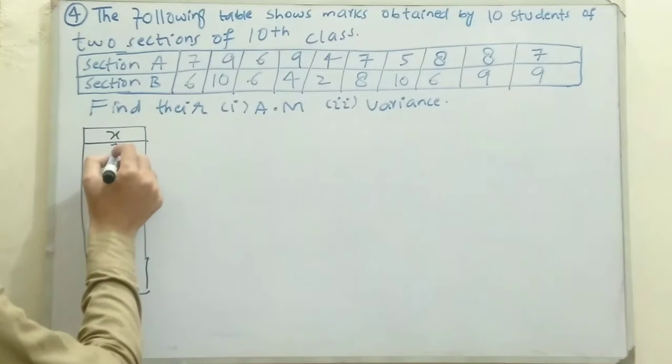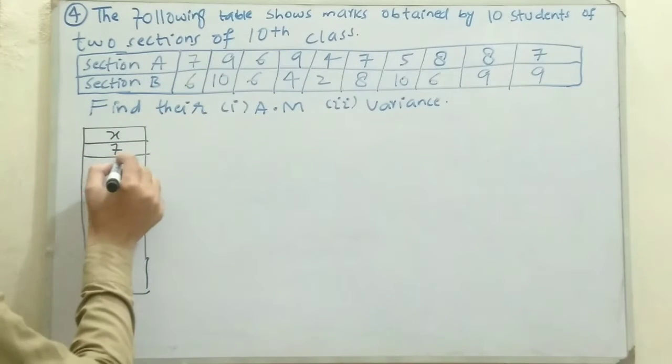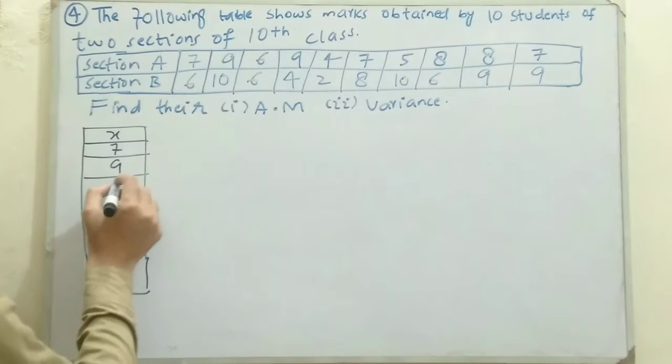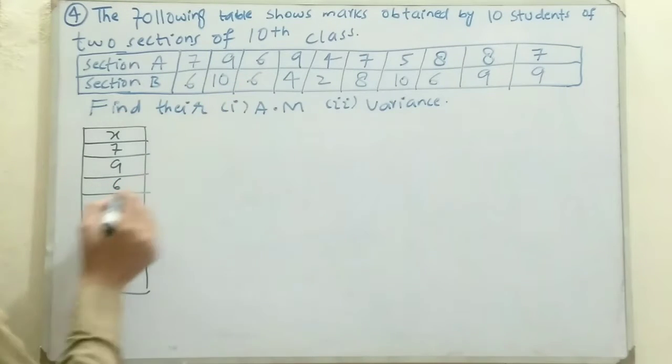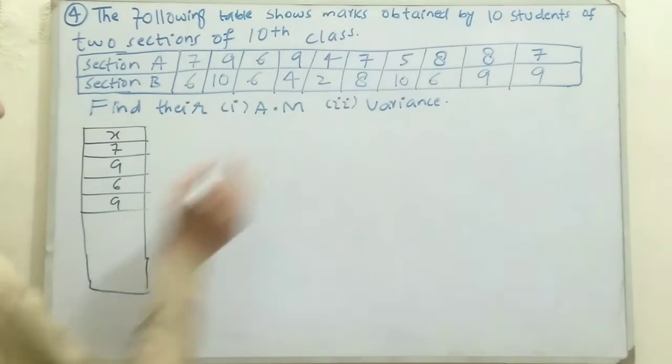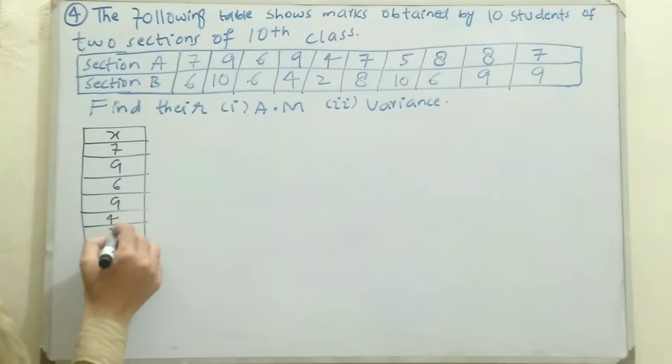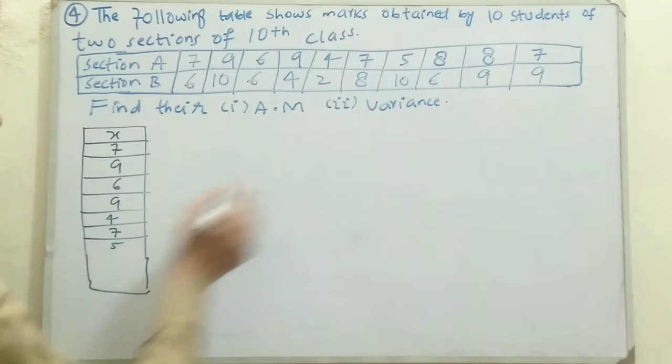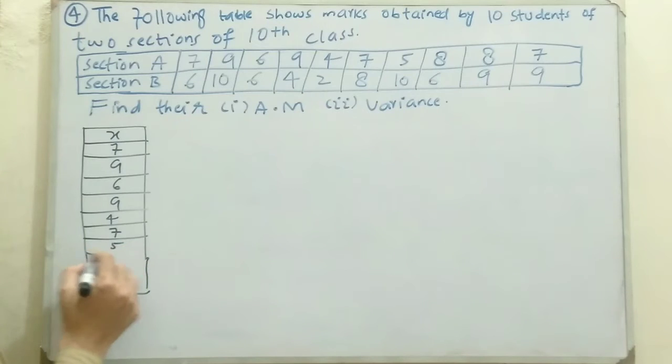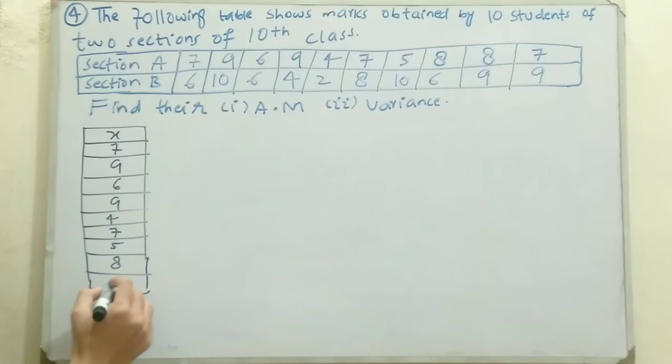The first mark is 7, second is 9, third is 6, fourth is 9, fifth is 4, then 7, 5, 8, 8 and 7. So these are the marks. We are going to find the arithmetic mean.